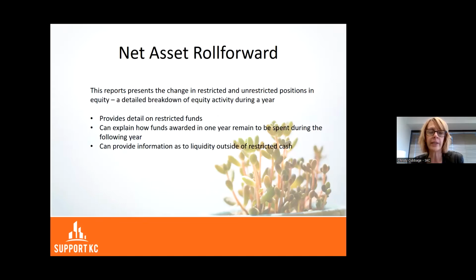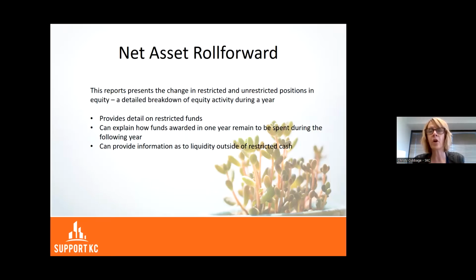This is also key in explaining how funds awarded in one year, like the Hall Family Foundation may give you a $300,000 award in this year, but part of the award is that it will be spent for the next 3 years to support a program.